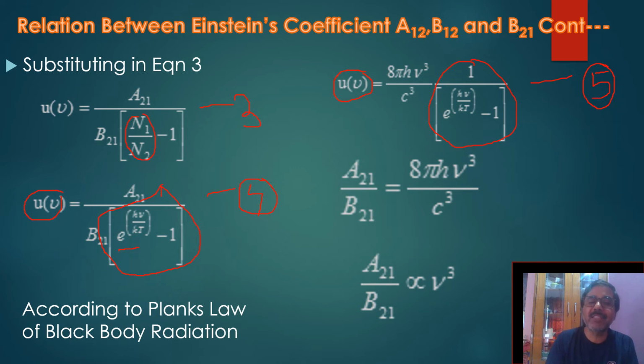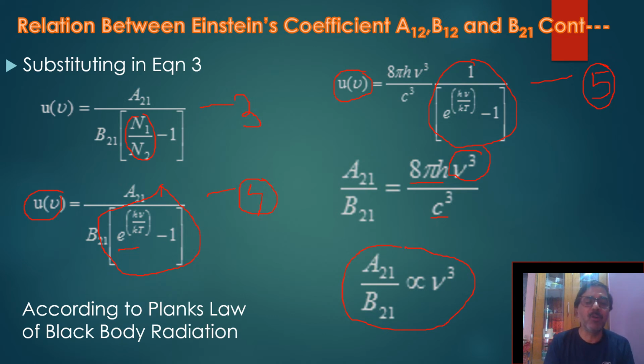Here we can say A21 by B21 is directly proportional to nu cube. That is the frequency that we are giving for the radiation. So it is directly proportional to nu cube, because all other things are constant.